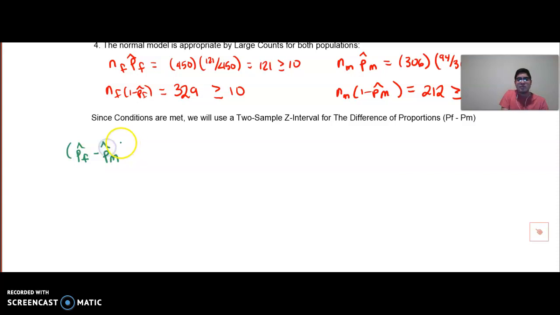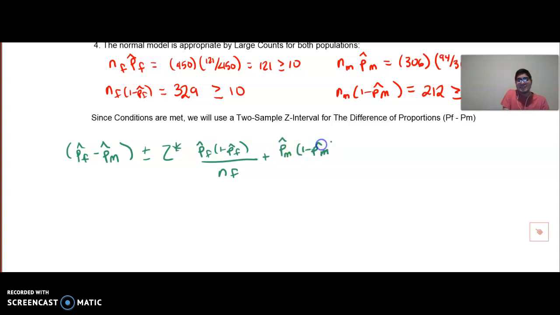I can't do P1 and P2 if I up here already stated my parameters in terms of female and male students. It's going to be plus or minus Z star, and then we're going to substitute in our sample statistics here.